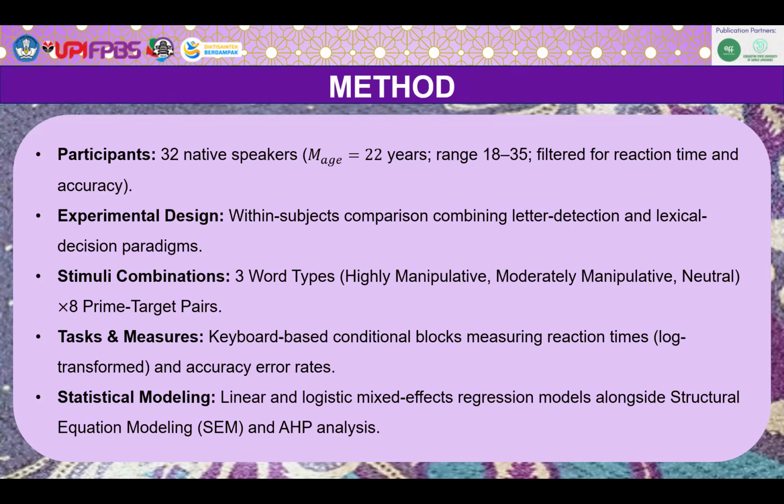The research included 32 native speakers as subjects, mostly male participants, with an average age of 22 years, and the experimental design was a within-subjects comparison, combining letter detection and lexical decision paradigms. Stimuli combinations included three word types: highly manipulative, moderately manipulative, or neutral, with eight prime target pairs.